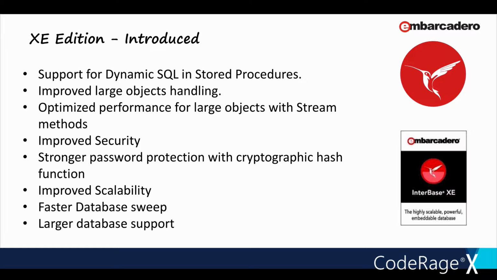Some improved security, much stronger crypto hashing, much faster database sweep. We have one customer who is doing tens of thousands of transactions an hour, and the database sweep for them, on the traditional model, took about a minute to run. With the fast database sweep, it's done within a second. So some incredible speed performance around the database sweep, and much larger database support.